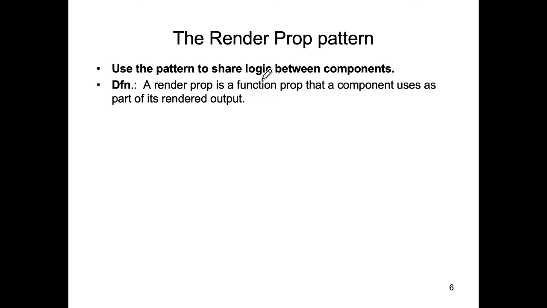We've already seen that you can pass functions as props, but that was usually due to that data down, action up idea. But in the render props pattern case, the function that you pass down as a prop, when it's invoked, returns JSX, and that JSX then is just inserted into the overall component that received the prop. It's the overall output, if you like.